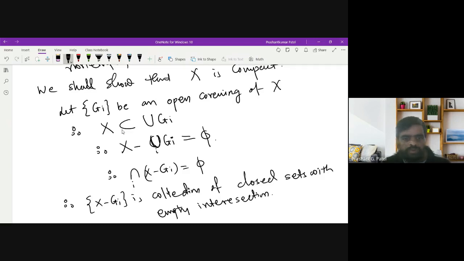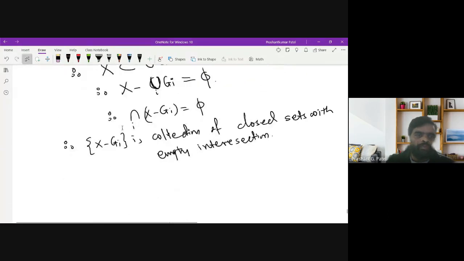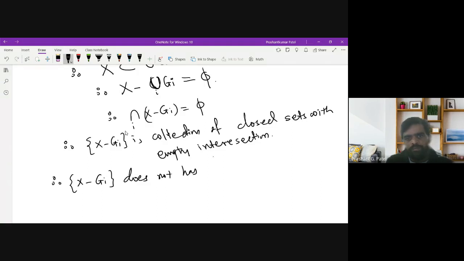That means, by our hypothesis, which we have assumed, X minus Gi does not have the finite intersection property.